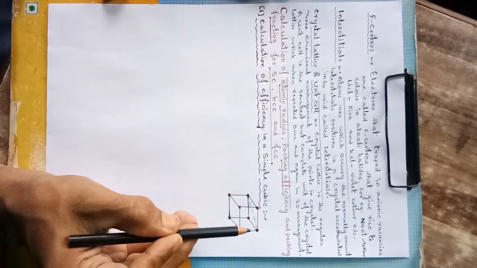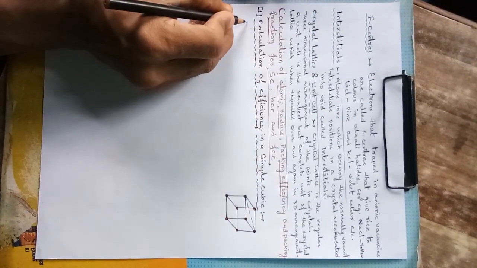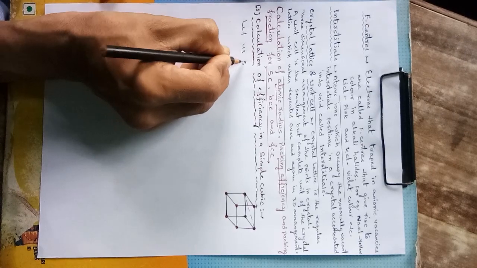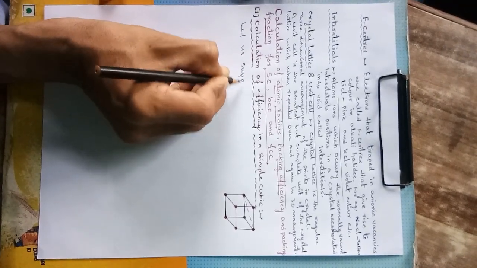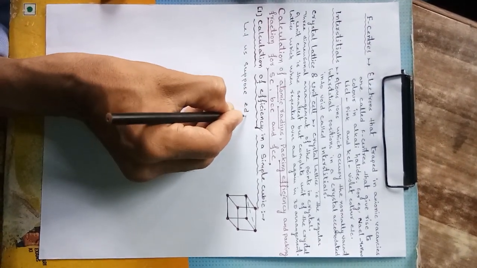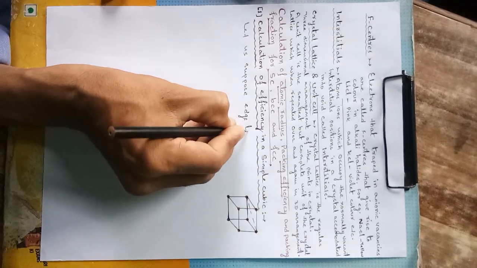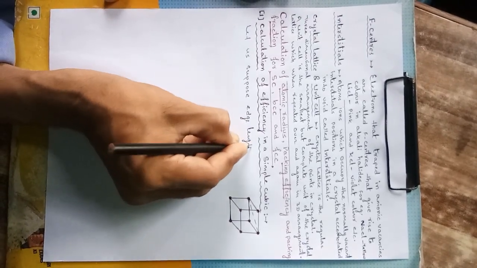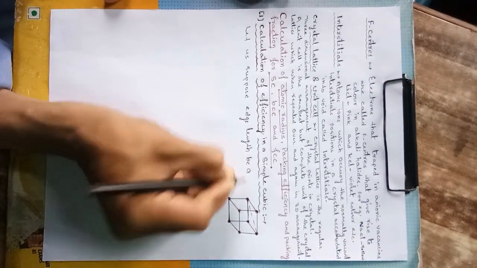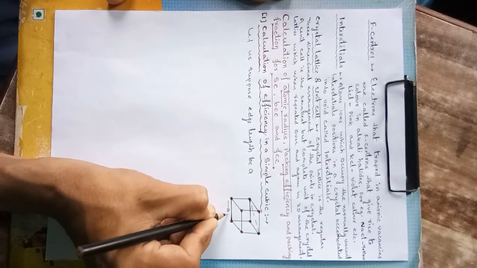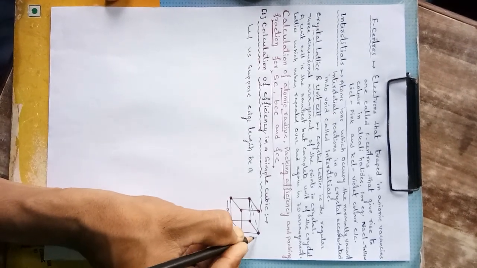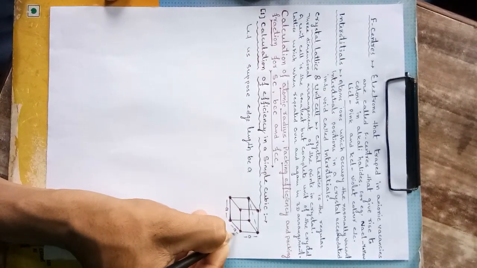So we have to find out, suppose the edge length is A. You can say this is edge length A, all these are edge length.